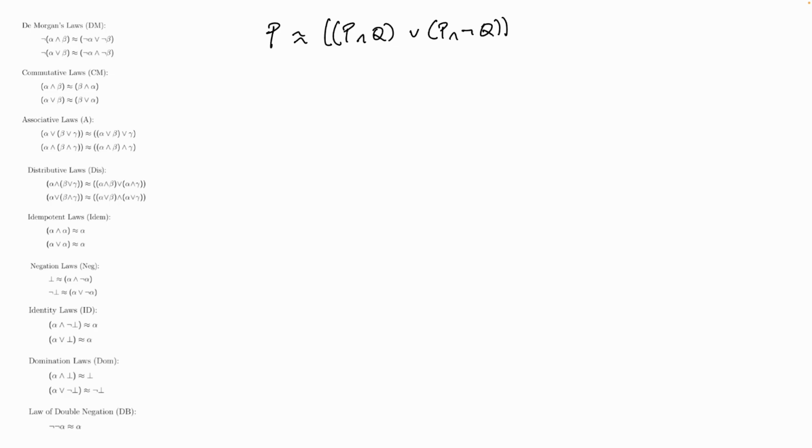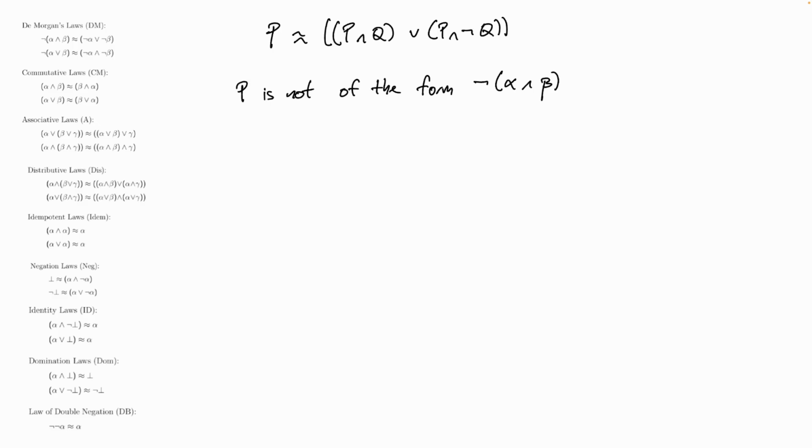So what are our options here for the very first step? What do our laws say P is equivalent to? Well, let's look at De Morgan's laws. The first one says that if you have a conjunction that is being negated, that's equivalent to a certain disjunction. But P isn't a conjunction that's being negated.